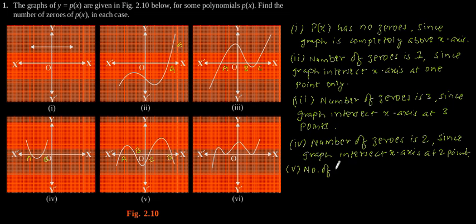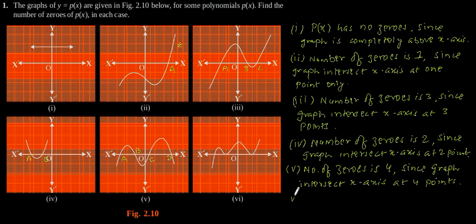Number of zeros is 4 since the graph intersects the x-axis at 4 points.